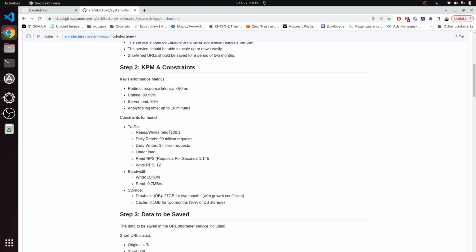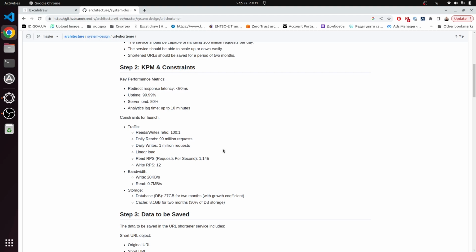From our constraints, let's assume that we have a read-write ratio of 100 to 1. Basically we have 99 million requests for read and 1 million for write. We have linear load, which means that we have the same load for day and night and for every hour. In real life it may be different; in most cases it will be different.